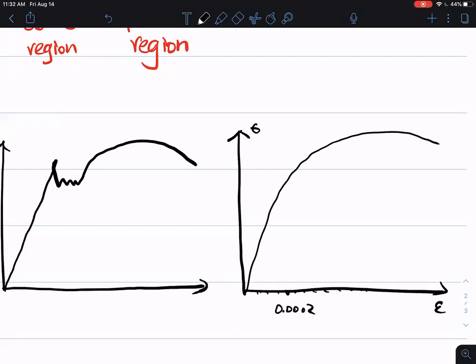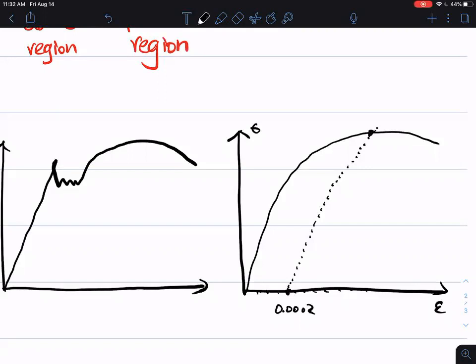Then you draw a parallel line. This dashed line must be parallel to this straight line here. And this dashed line will have an intersection with the curve, which is right there.